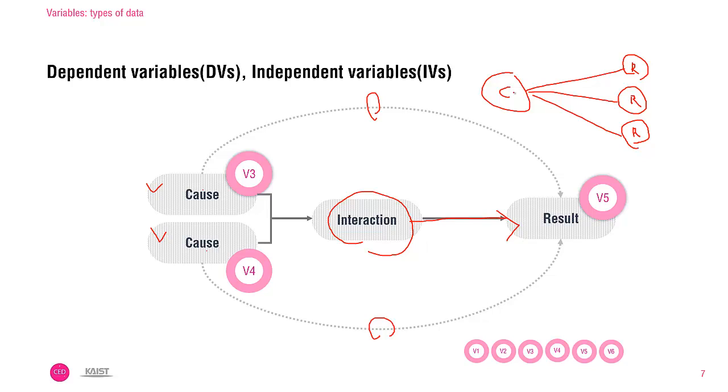So in this case, one variable acts as independent variable, and the other variables, 2 and 3, they are all dependent variables.